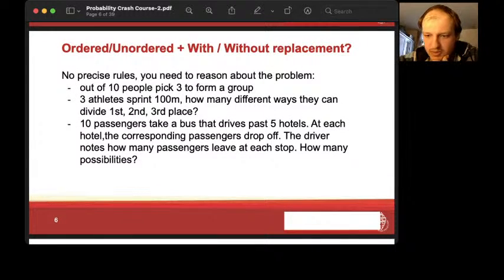Okay, so the first one is unordered without replacement. We cannot replace people, and we just form any group. Yeah, that makes sense. This one is ordered. And the third one's a bit trickier.